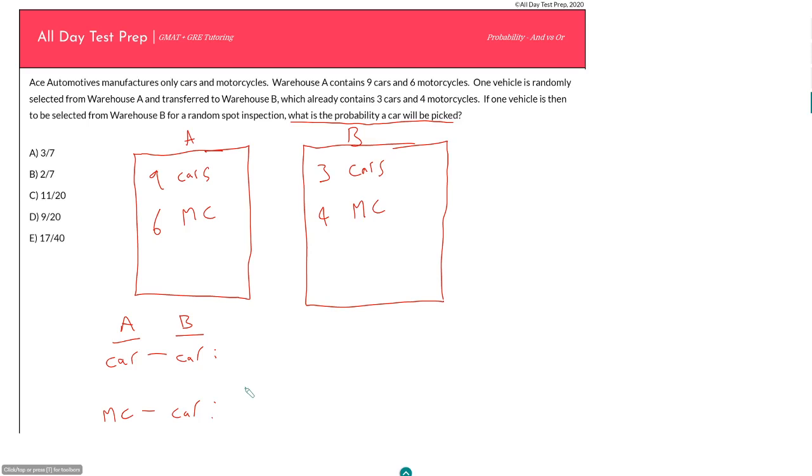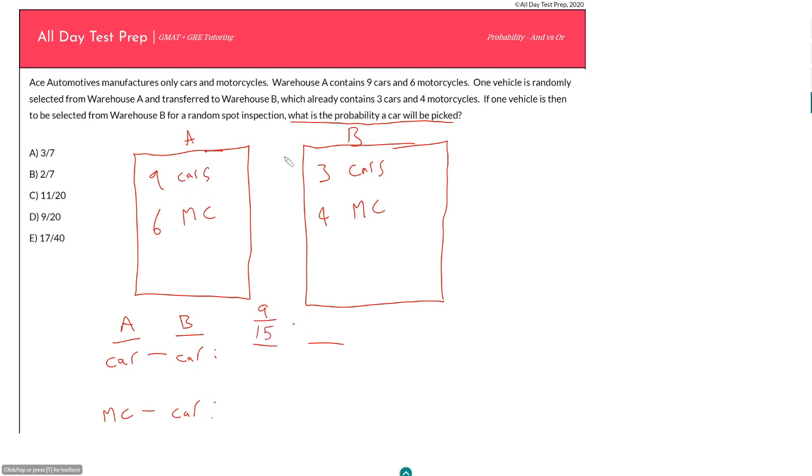So what are these 2 probabilities? This would be the probability of picking a car from Warehouse B after I picked a car from Warehouse A. And so that's an and scenario, because that's saying what's the probability of picking a car from Warehouse A and then picking a car from Warehouse B. So the probability of picking a car from Warehouse A should be 9 out of 15.